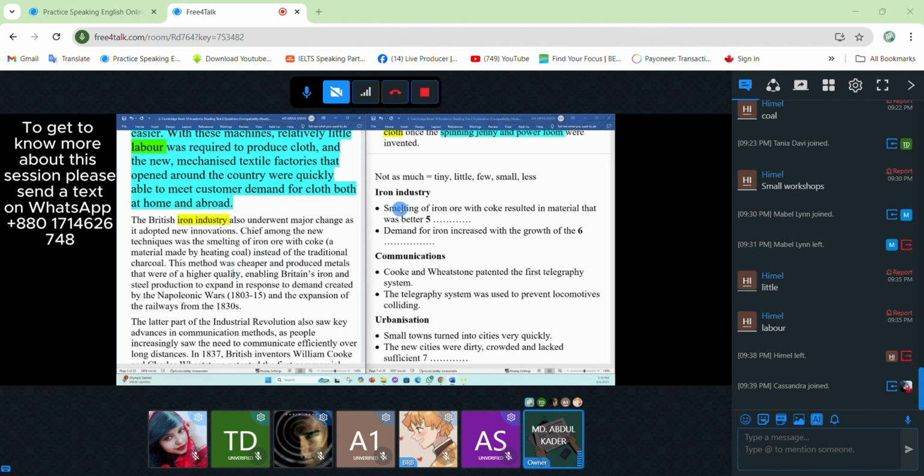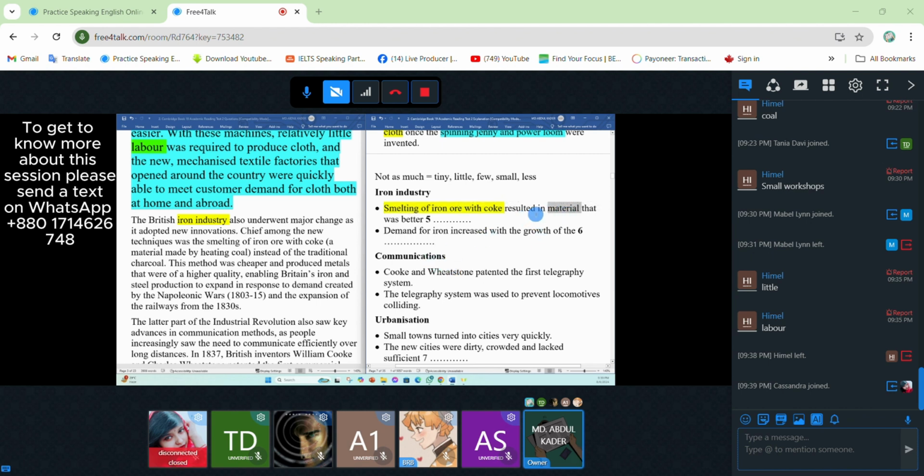So here we can see smelting of iron ore with coke resulted in material that was better dash. So basically here, smelting of iron ore with coke is our first keyword, right? And the second keyword is resulted in material.